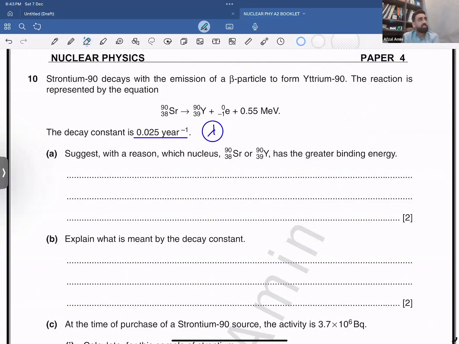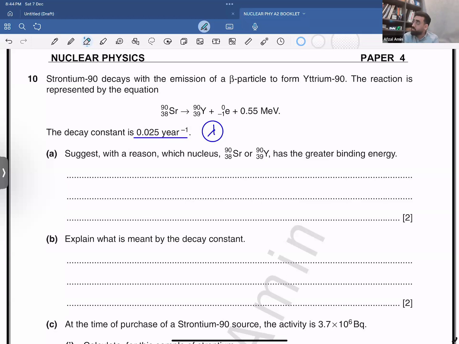The other concept is the products are more stable. Products are more stable. And more stable means what? Greater binding energy. And we have one more thing. Today I told you neutron to proton ratio. If you check the neutron to proton ratio, the strontium has more neutron to proton ratio.